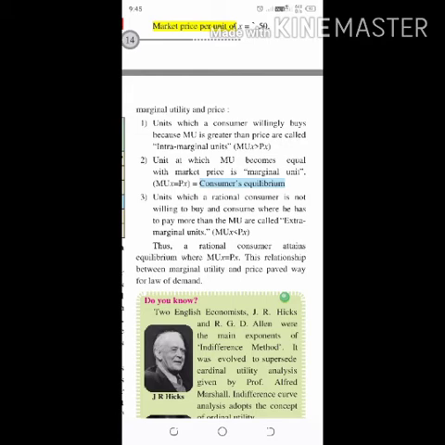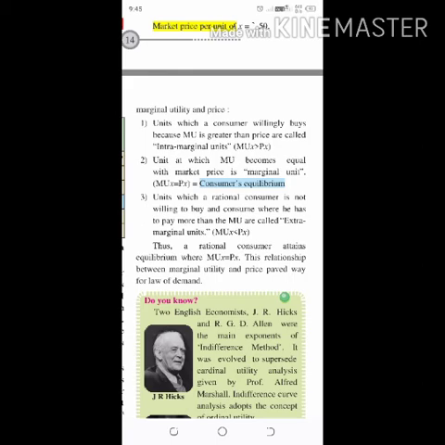The unit which a rational consumer is not willing to buy, where he has to pay more than the MU, is called the extra-marginal unit, that is MUX is lesser than PX, that is the marginal utility of X is lesser than the price of X. Thus the rational consumer attains equilibrium where MUX is equal to PX.